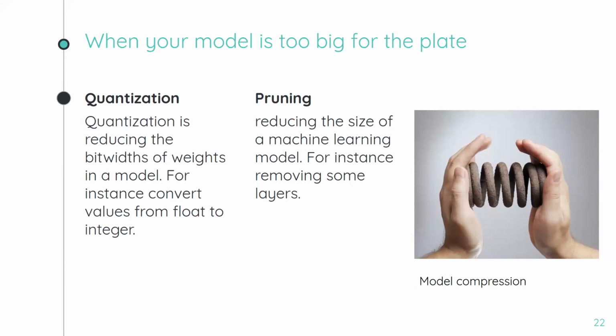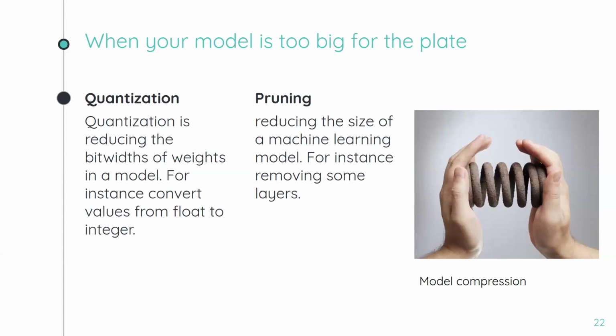Another thing is called pruning. Recently, there's what we call skip connection in ResNet. This is just an example. There are some layers in ResNet that are not really useful, in the sense that they don't really influence the accuracy of your model.